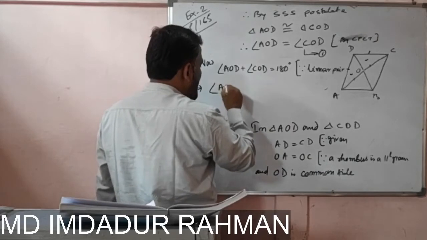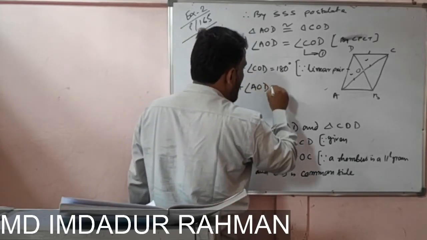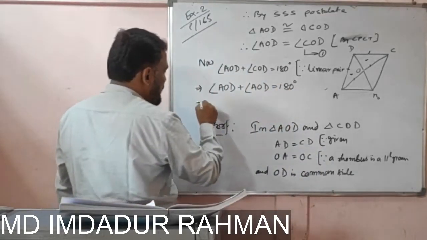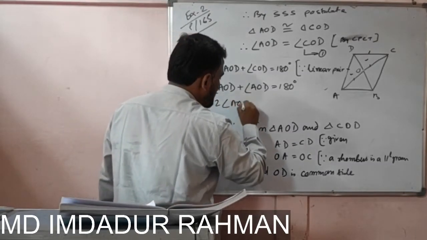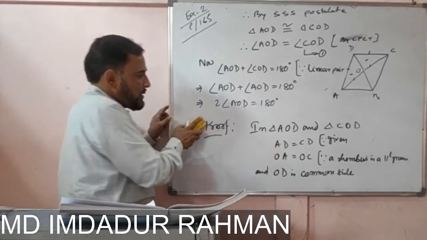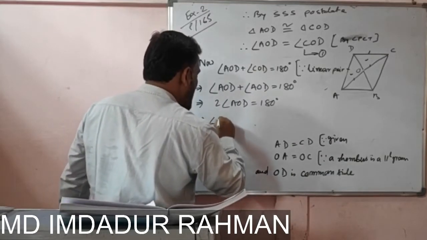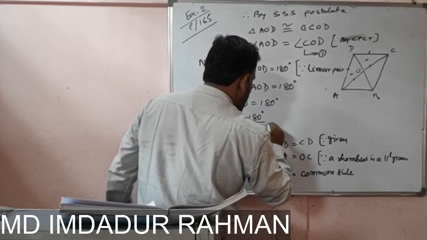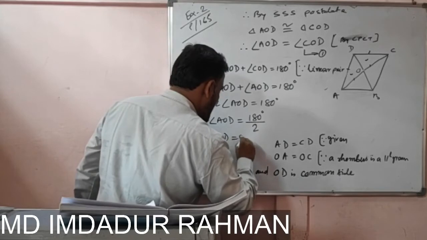So we write AOD plus AOD is equal to 180 degrees. Therefore 2 AOD is equal to 180 degrees. So AOD is equal to 180 degrees by 2. Therefore AOD is equal to 90 degrees.